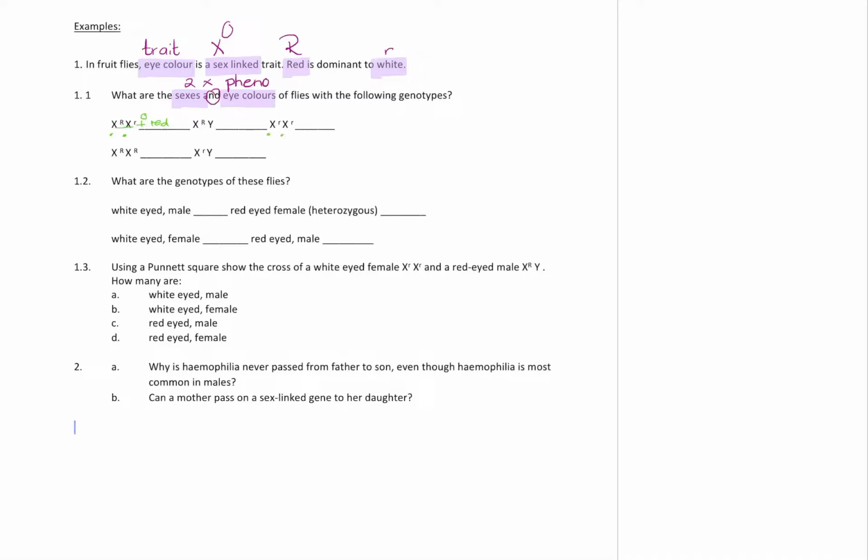So this female over here is carrying two recessive alleles. So here she will be a white-eyed female. And then in this case, she is homozygous for the dominant condition, and so in this case she will be a red-eyed female.